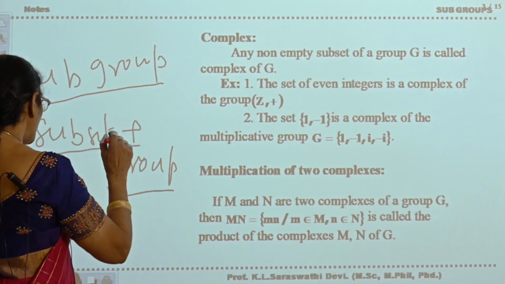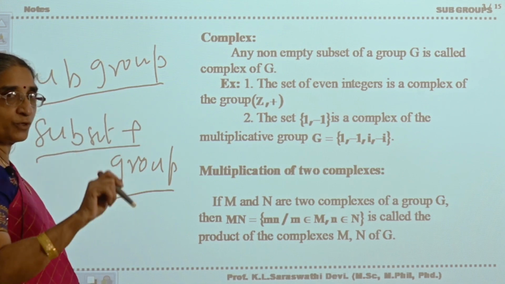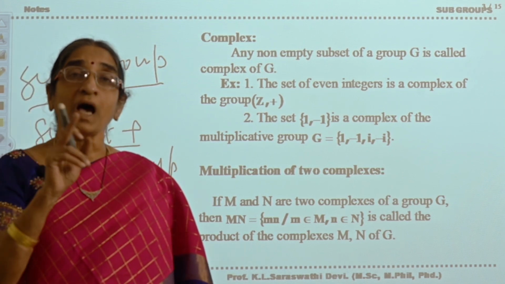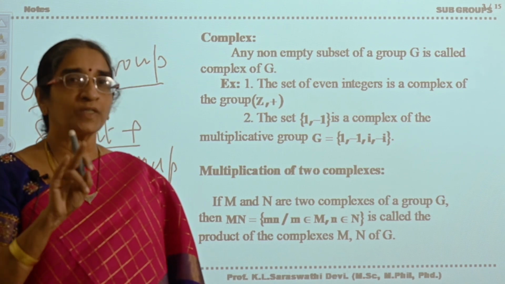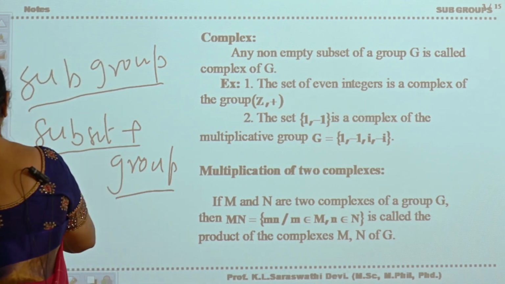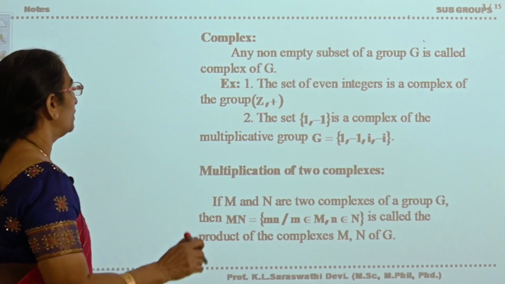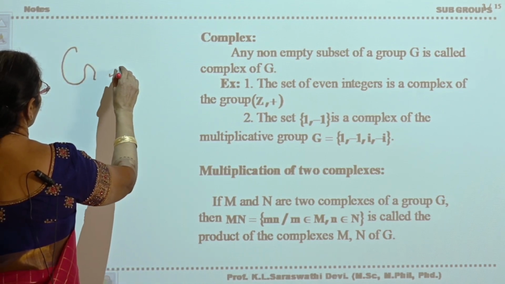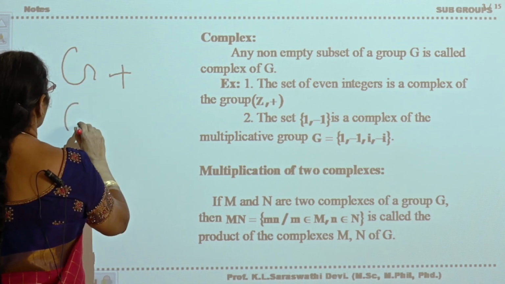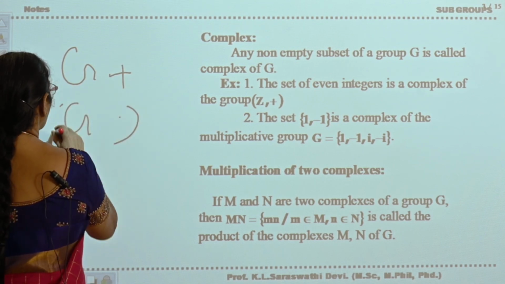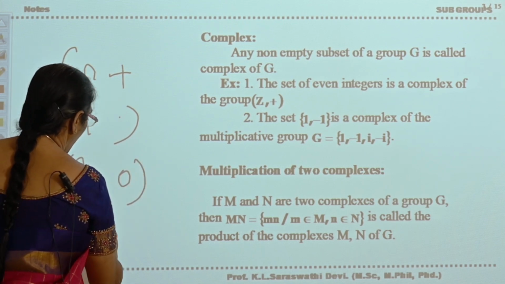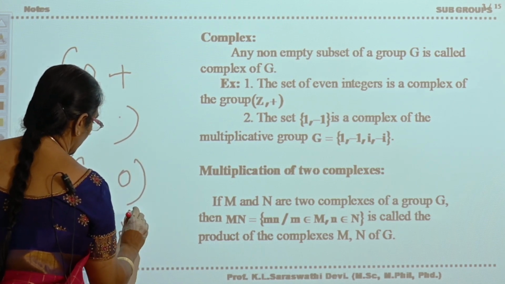Before going to the definition of subgroup, we will see some of the properties of subsets of a group. Suppose G is a group, either with respect to plus, or with respect to dot, or with respect to any other operator denoted by circle or star.